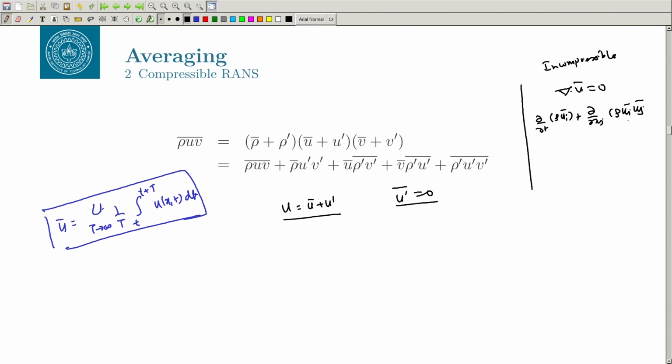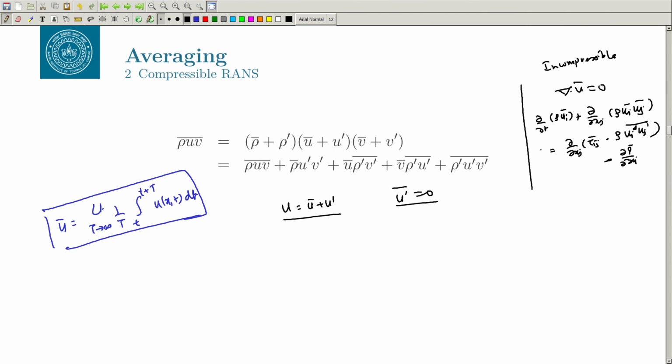I am not using anything on rho because this is compressible flow. Then on the right, del by del x j of tau ij bar minus rho u i prime u j prime bar, and minus del p bar by del x i. This we have done by just doing the averaging.